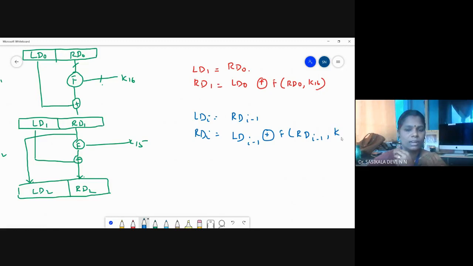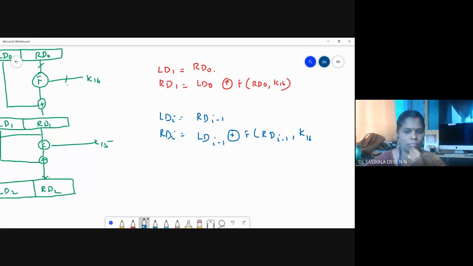Okay, so I can write it like this, K16, but I need K15 here. So K16 minus I plus 1. Okay, let's try this.